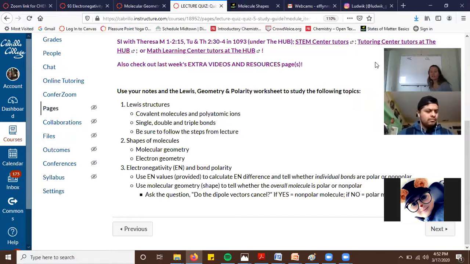So NO2 minus and CO2. Draw the Lewis structure, determine the shape. Draw dipole arrows.